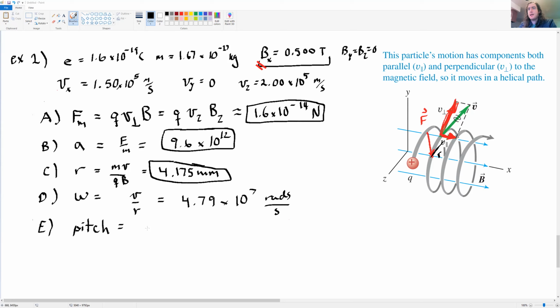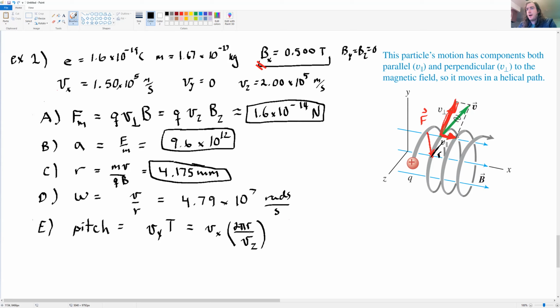And then for the pitch, I do the x component of the velocity times the time it takes to go around one revolution, which is just the period. One revolution is 2 pi r, the circumference, the distance around a circle, divided by the speed at which you go around the circle, which is given by the z component at this instant in time.